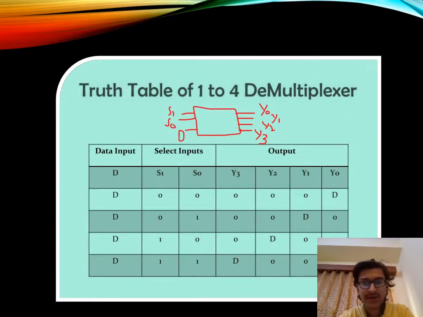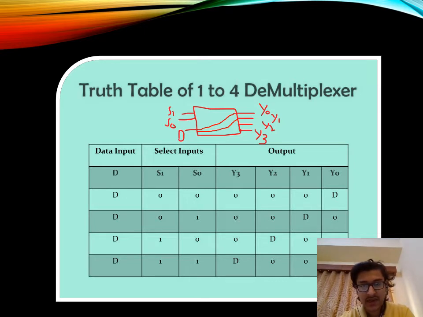Now I will explain how it is made. First we will take S1 and S0 as 0 0. When S1 and S0 are 0 0, D will connect to Y0, and we will get Y0 = D and everyone else 0 0 0. Now when we take S1 and S0 as 0 1, then D will connect to Y1, and we will get Y1 = D and everyone else 0 0 0.